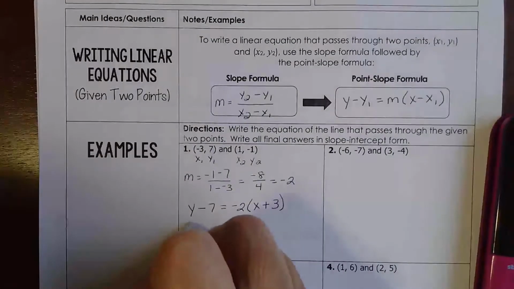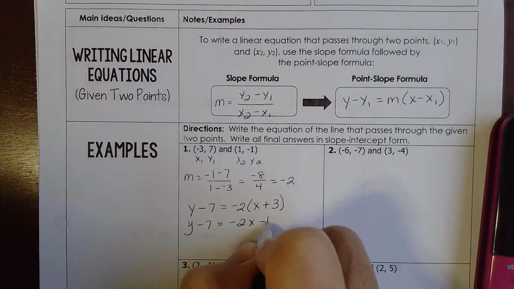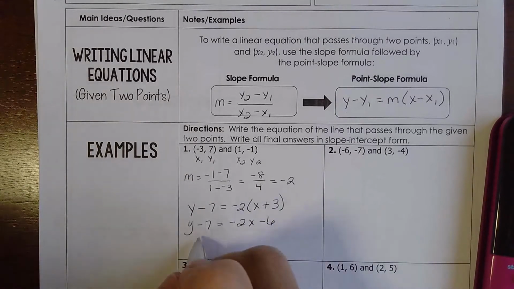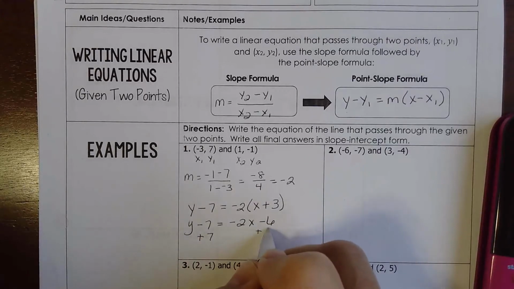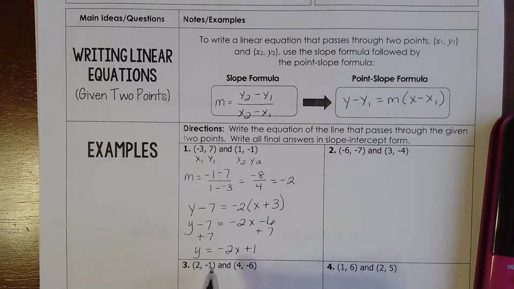So now we get y minus 7 equals negative 2x plus 6, because negative 2 times negative 3 is positive 6. Add our 7. So our final answer is y equals negative 2x plus 13. That's it. So we're just adding that one step, that first step in there.